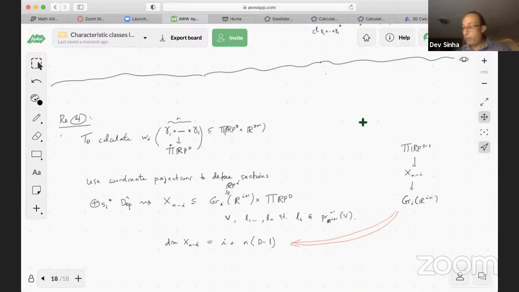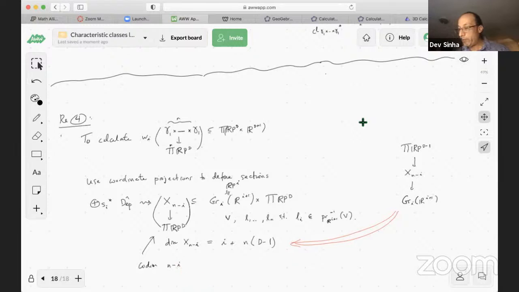Well, X_(n-i), I could project down to the Grassmannian, or I can project down to the product of RP^D's. And the point is that this has codimension n minus i.